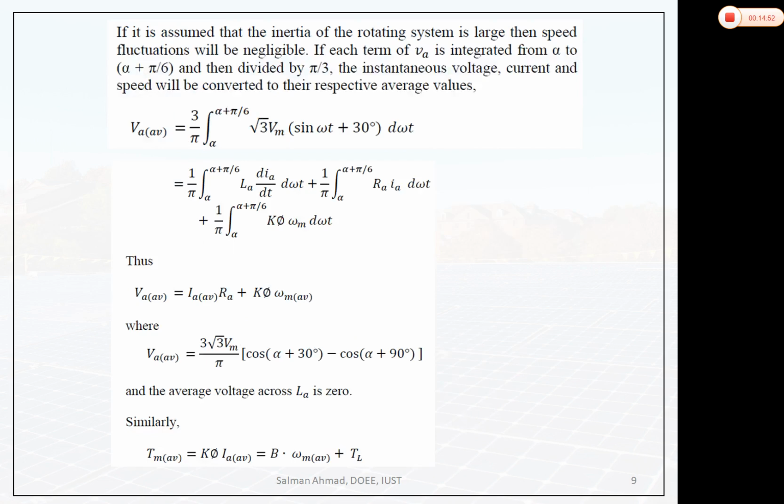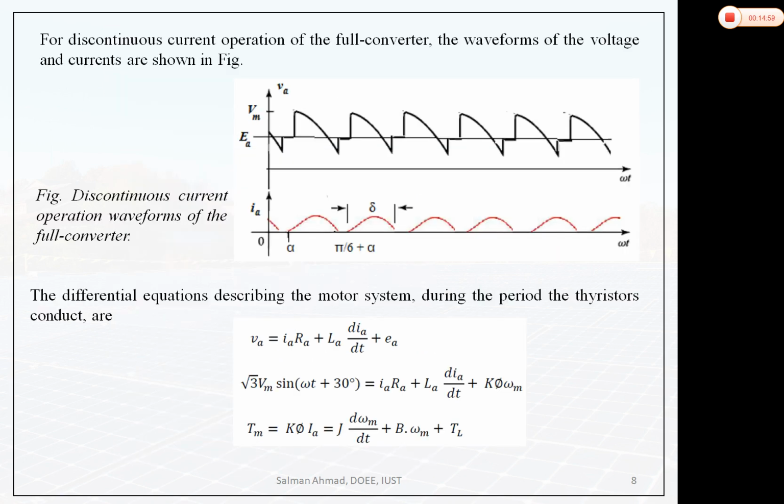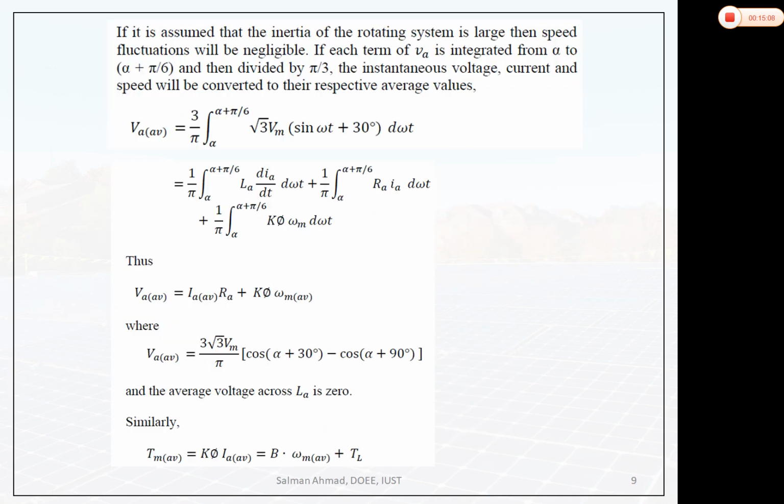First we have to find the average voltage. You can see it is from alpha to alpha plus pi by 6, so we have to integrate from alpha to alpha plus pi by 6 because the period is there, and it is 1 upon pi by 3, root 3 Vm sin omega t. So we are integrating the left hand side and right hand side. The average voltage applied to the armature circuit will be the average armature drop plus back EMF.